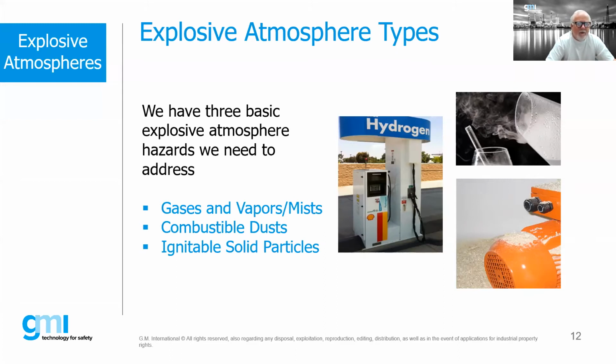Obviously, when we fill up our vehicles with gasoline or diesel, that's a potential flammable atmosphere. We run into this in the pulp and paper industry and the food industry. There are all different kinds of industries in which explosive atmospheres can occur, so it's not something that only exists in the oil and gas industry.